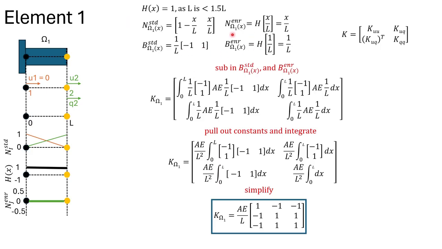And then the enriched portion of our strain matrix is h times 1 over L, which again, because h is 1 for this element, we get 1 over L.